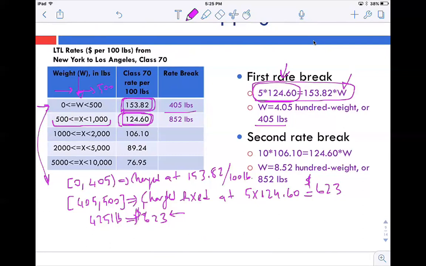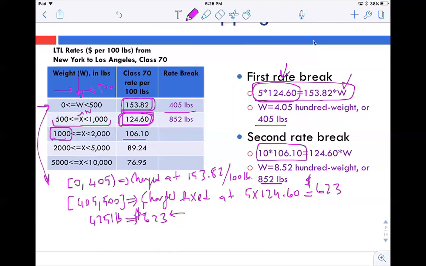So if we are using the third category, our minimum cost would be 10 times, this is 1000 divided by 100, that will be 10, 10 times 106.10, right? And then since we do not know the rate break here, we call it V, and it is V times its corresponding price category level. And then if you leave V alone, you see that it is actually 852 pounds.